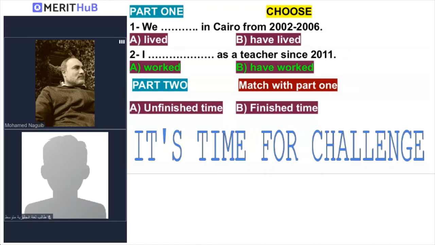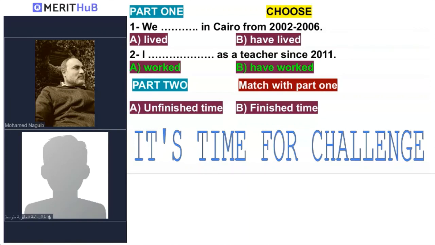You are going to choose, by the way. Yeah, you need to use your mind, and I know that you will get it very well. We have 2 parts, part 1 and part 2. In part 1, we are going to choose between A and B. In part 2, we are going to choose between A and B.